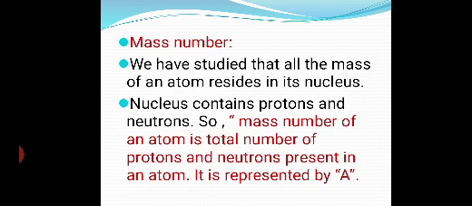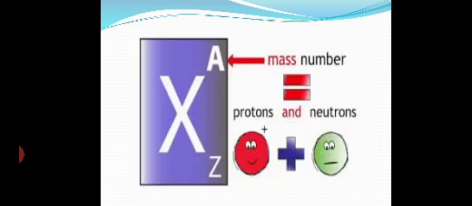It is represented by A. Look at this picture. Again, X is representing any element. Z is representing atomic number, while A is used for representing mass number.